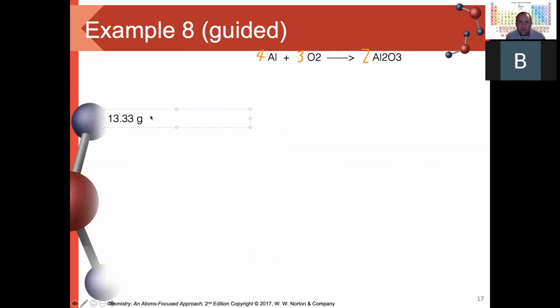So I've got my 13.33 grams of aluminum. My first step is to convert that grams of aluminum into moles of aluminum.